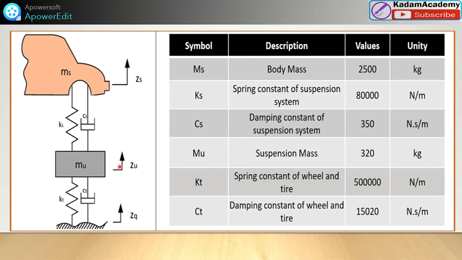And MU is the suspension mass, the unsprung mass, having some mass of 320 kg. KT is the spring constant of the wheel and tire.